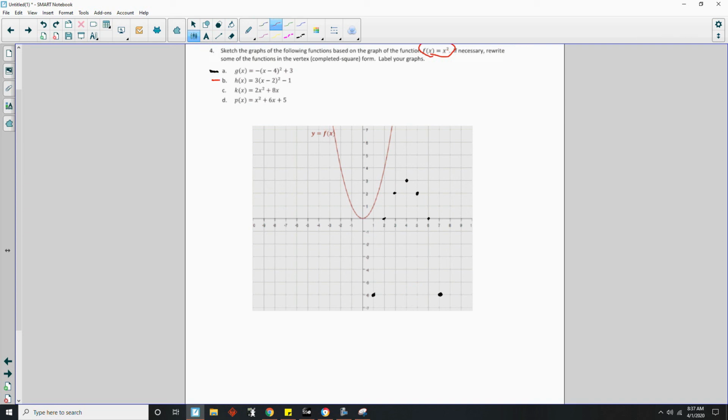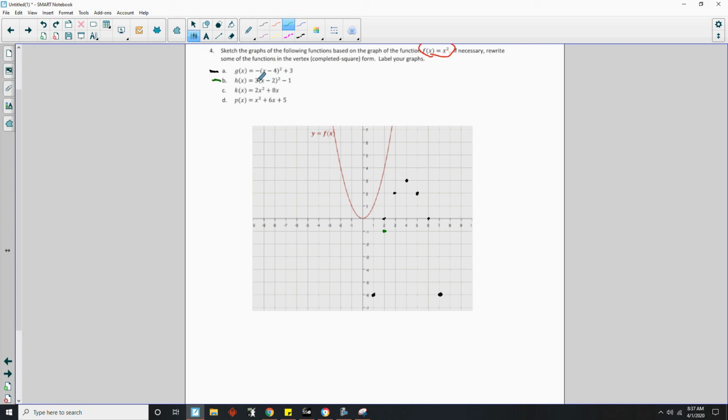And I will move to B now. Right 2, down 1. So let me not use red, let me use green. So this is right 2, down 1. So from the vertex at the origin of the parent, you go over 2 to the right, 2, down 1. There's my axis of symmetry, x equals 2. My vertex is 2, negative 1.